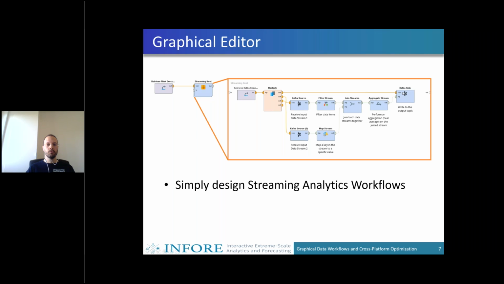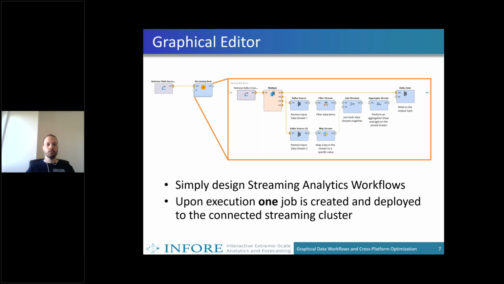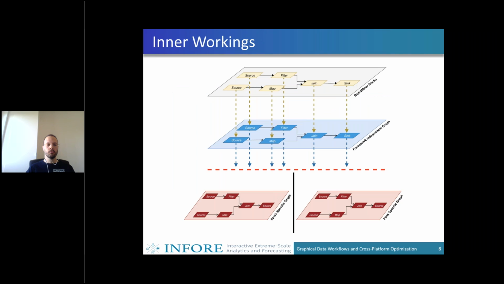It's a quite simple and quick method to design these analytics workflows, and upon execution, one job is created that is then executed on a specific cluster. How does it work on a technical level? We see the representation inside RapidMiner Studio with the operators that you can quickly and easily drag and drop and connect.